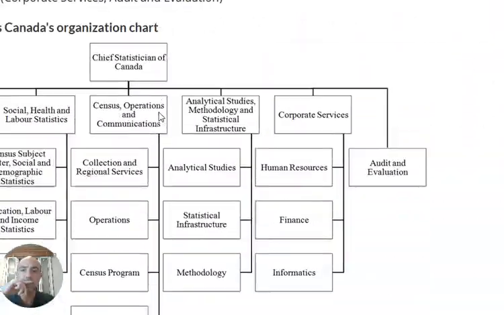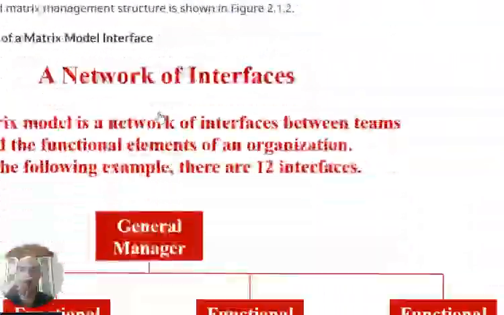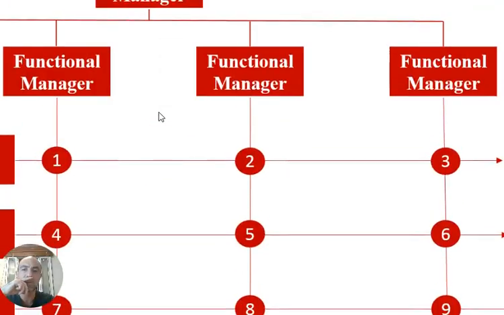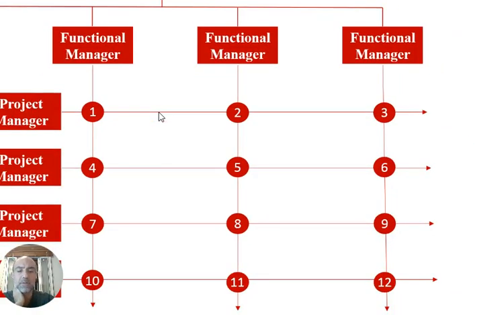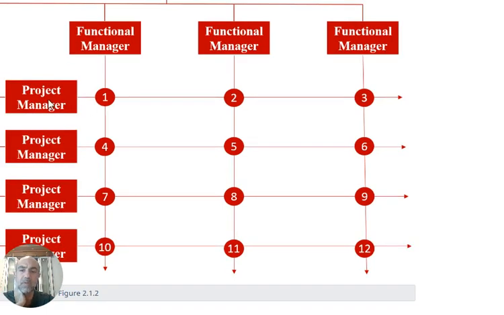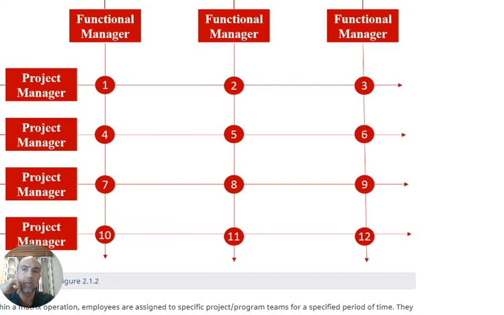See, this is not a matrix. This is an organizational chart. This is a matrix. So on one side we have the x-axis and the y-axis, and we have data in between, like function manager, project manager, and something about them is connecting them. It could be random information. It could be directed information.